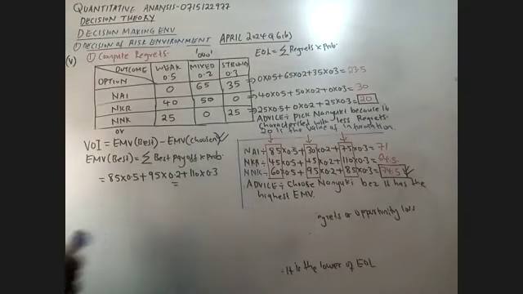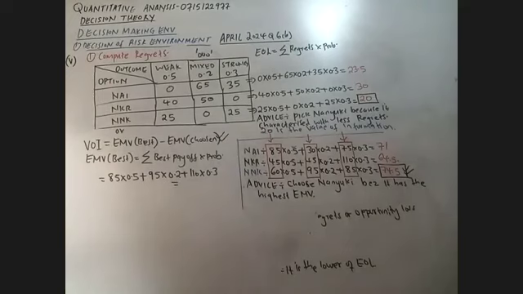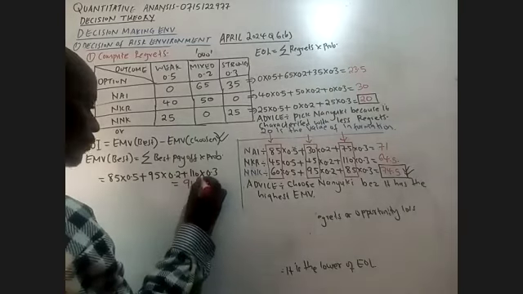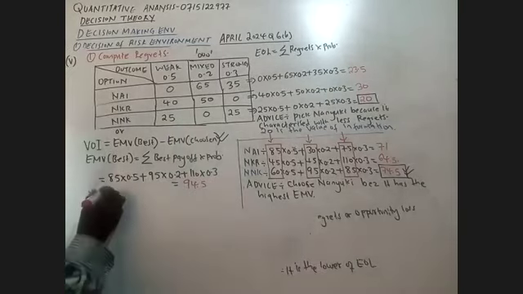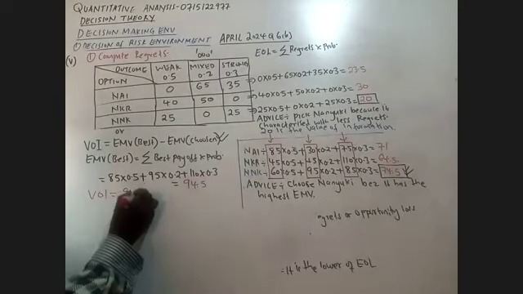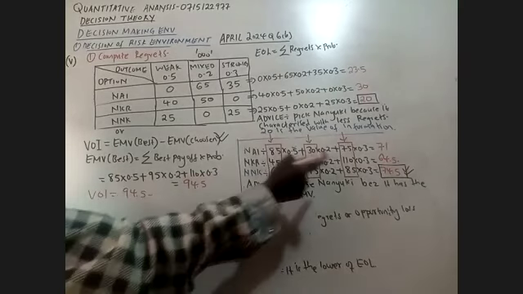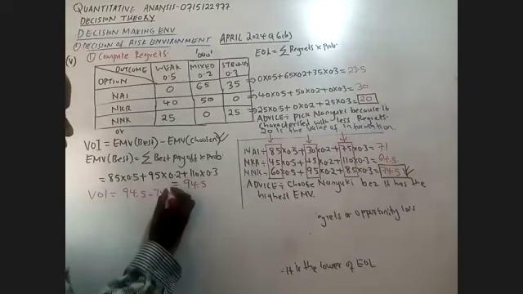Now, what is the EMV for the best? So 85 times 0.5, sorry, 95 times 0.2, 110 times 0.3. So 94.5. Now, VOI itakuwa ni 94.5 minus tulichukua pale 74.5.